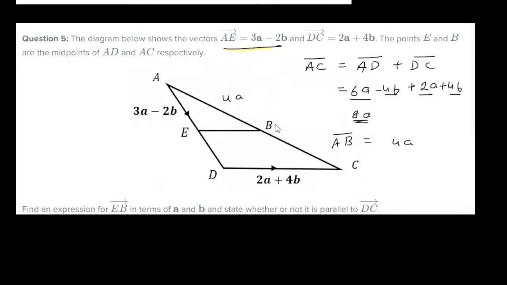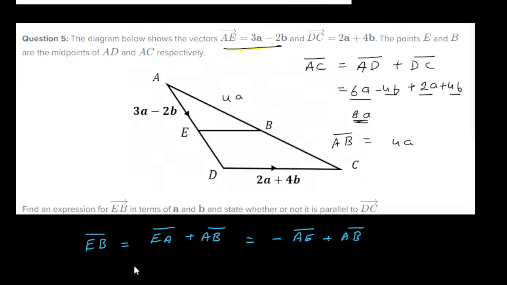Now we have to work out EB. So I can say that EB is equal to EA plus AB. Now EA is minus of AE, plus AB.